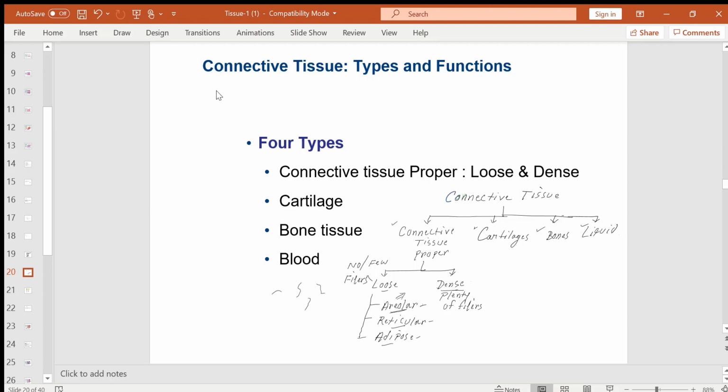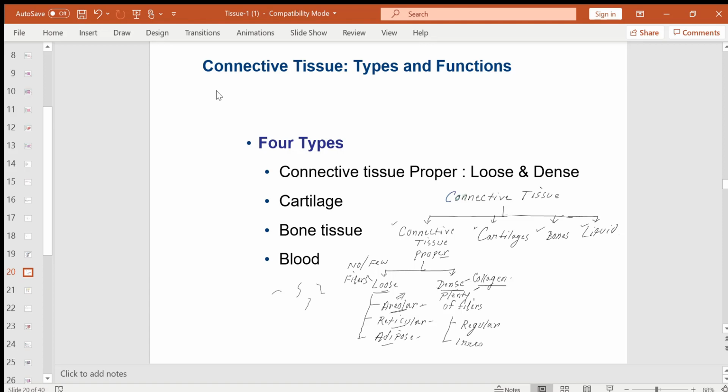Dense has heavily packed collagen fibers, the most common type of fibers. Plenty of collagen fibers. And dense is divided into two types: dense regular and dense irregular.